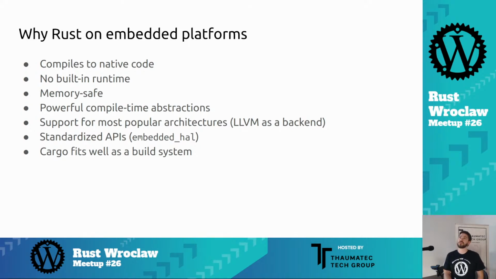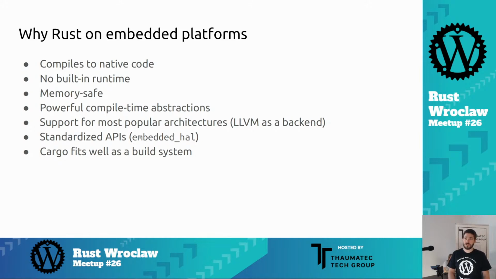It is a set of traits for common peripherals that you are used to when you program a microcontroller. So you could use just the traits for a specific peripheral to write your own device driver or something like this, and then move it to another microcontroller, and it will still be useful.